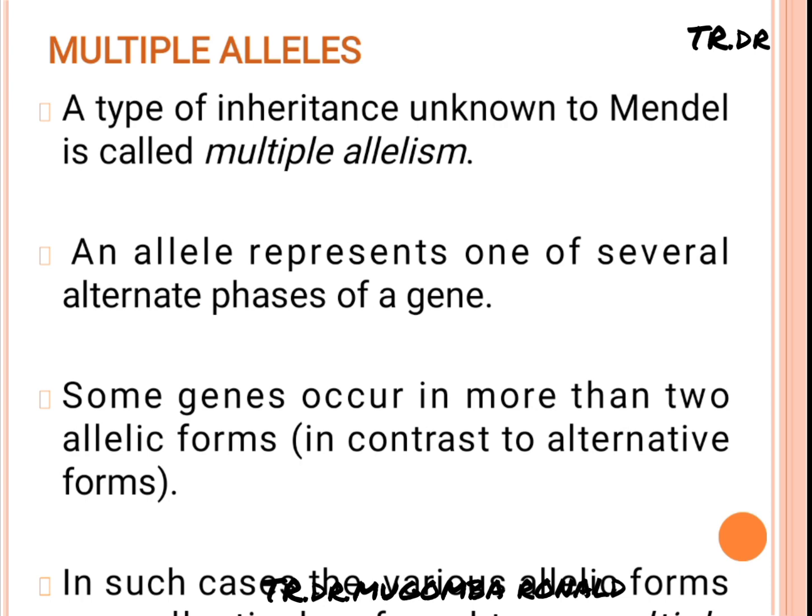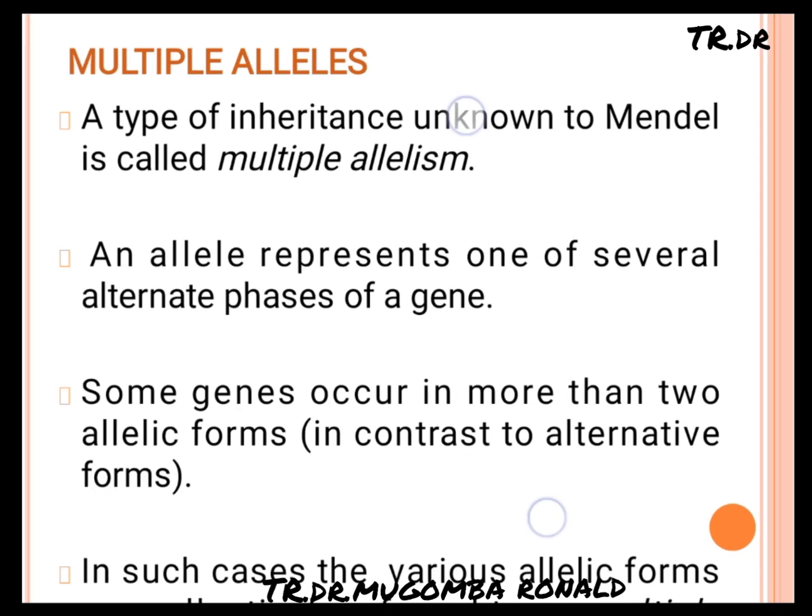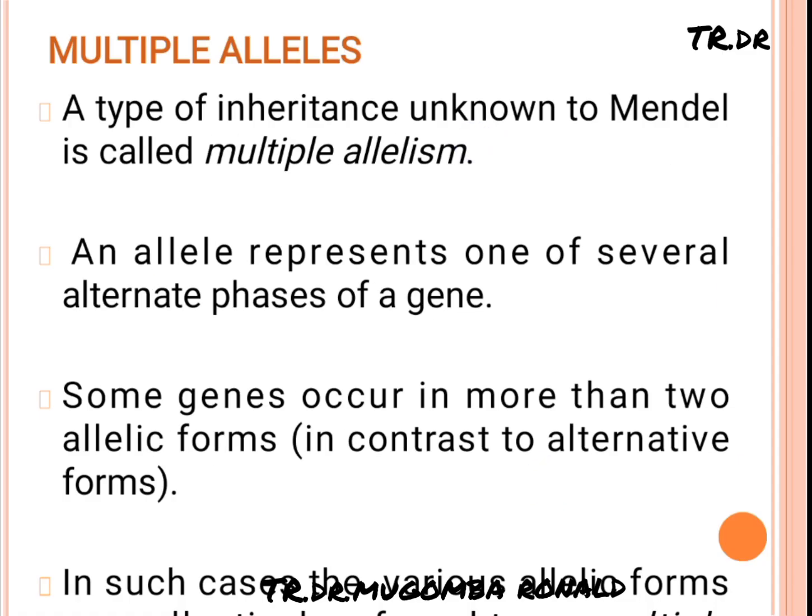So we can also have lethal genes which are sex linked, whereby if they are present, they will kill the individual having them. We talked about multiple alleles, a type of interaction not known to Mendel, where one gene is expressed in more than two allelomorphic forms.